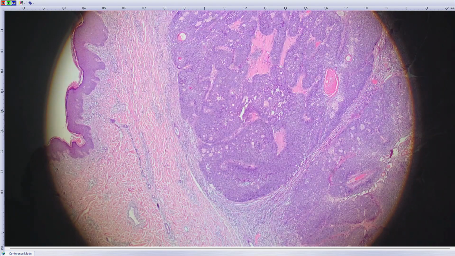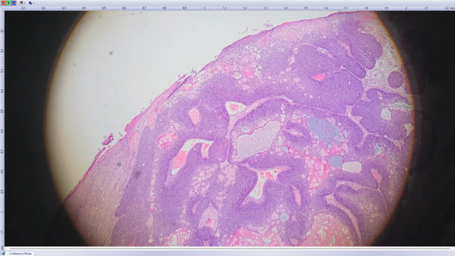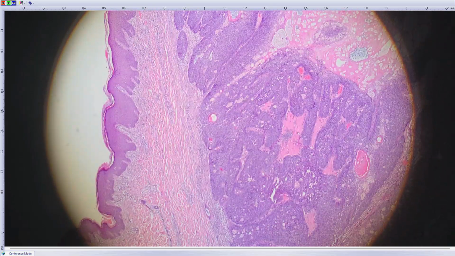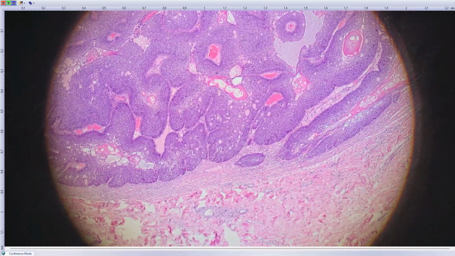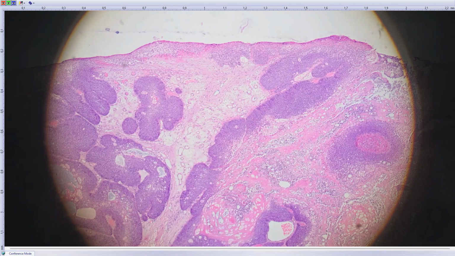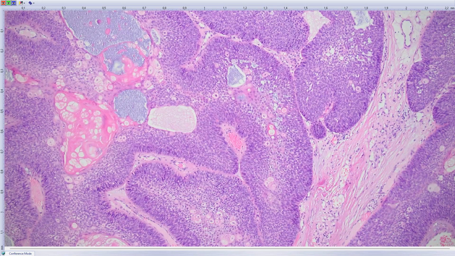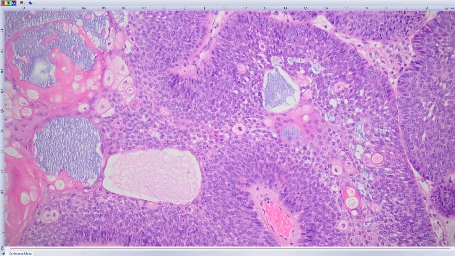So my next case is a skin biopsy. Again, it's an older lady, and it's somewhere from abdominal region, and you can see this basophilic, superficially located, quite well demarcated lesion composed of these bluish basaloid cells, but in higher magnification you can see the second type of cells present.